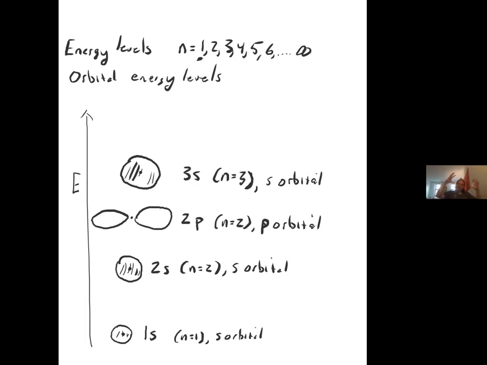So the orbital is getting bigger and bigger. Now the significance of that is that if the electron is in one of these orbitals, it's further away from the nucleus. And so what happens when an electron is further from the nucleus? The atom is larger, but it also makes that electron less held by the nucleus, right?